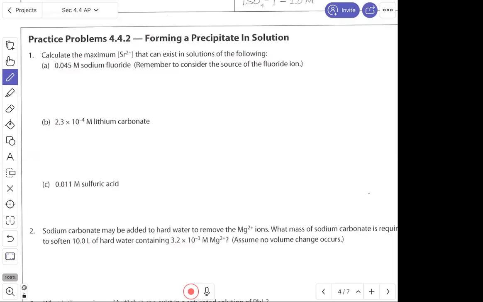Okay. All right, so let's start with number one here. It says calculate the maximum strontium ion concentration that can exist in solutions of the following. So how much strontium can exist in 0.045 molar sodium fluoride?